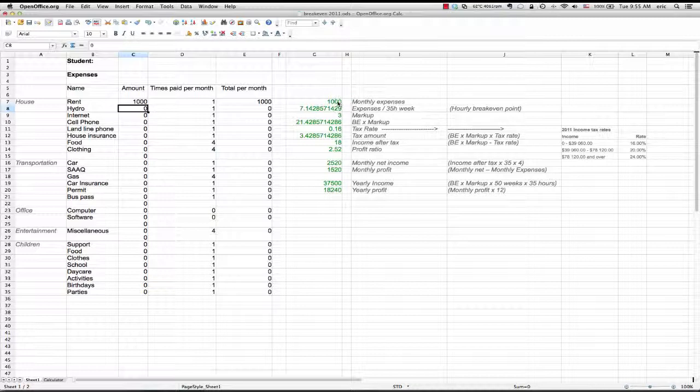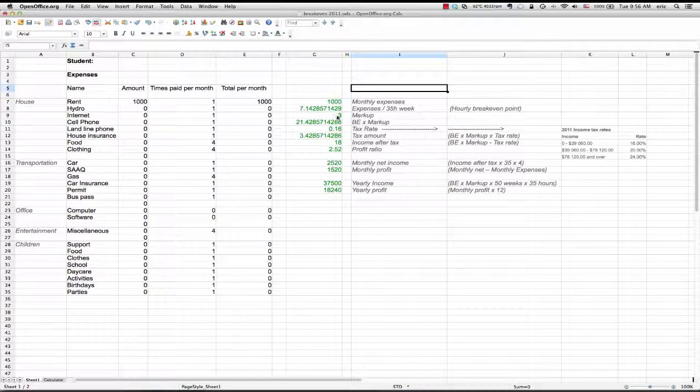But if you take that amount here and you divide it by the number of hours that you can actually work, here 140 hours, so 35 hours times 4 weeks, you have to spend $7.14 just to cover your rent. So you need to be making that at least.